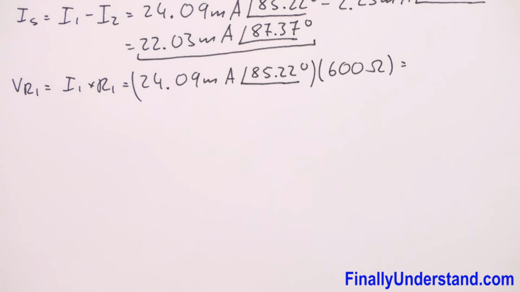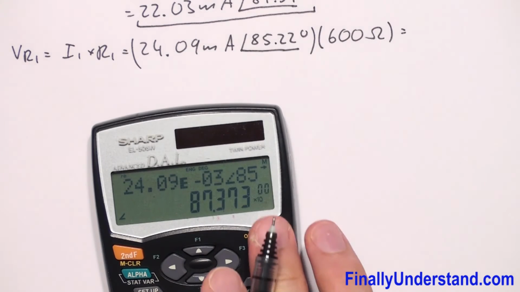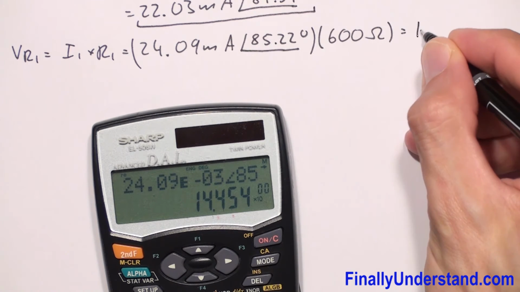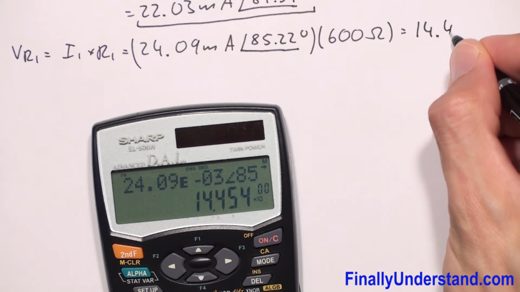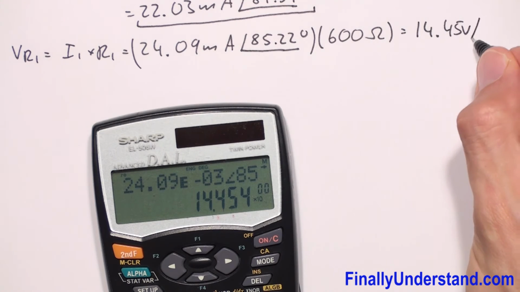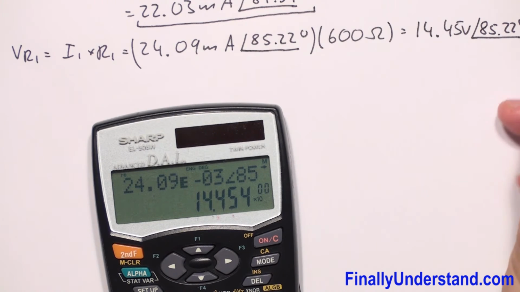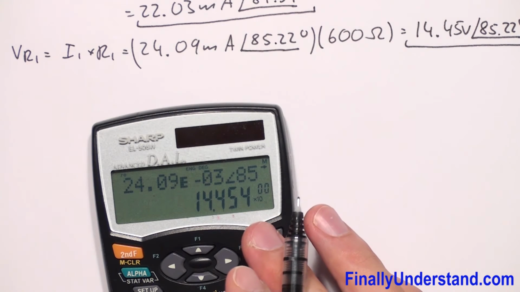So this is equal to 24.09 exponent 3 negative, angle of 85.22, times 600. This is equal to 14.45 volts and angle of 85.22 degrees. Okay, so this is VR1.